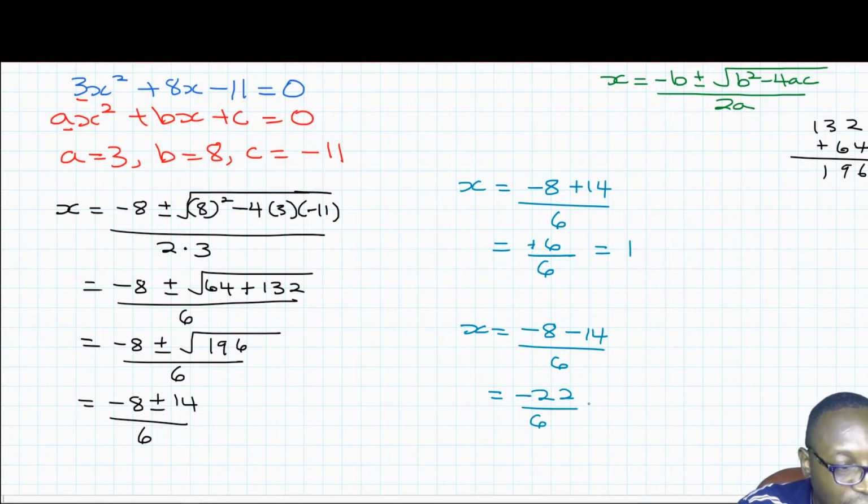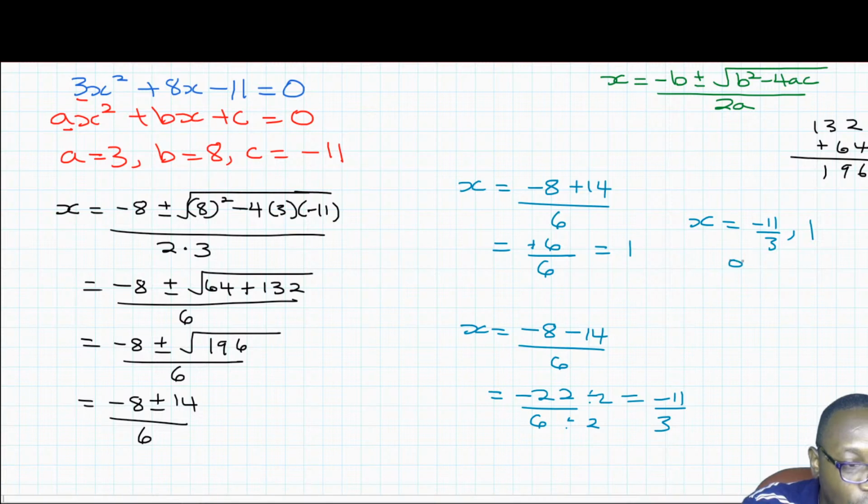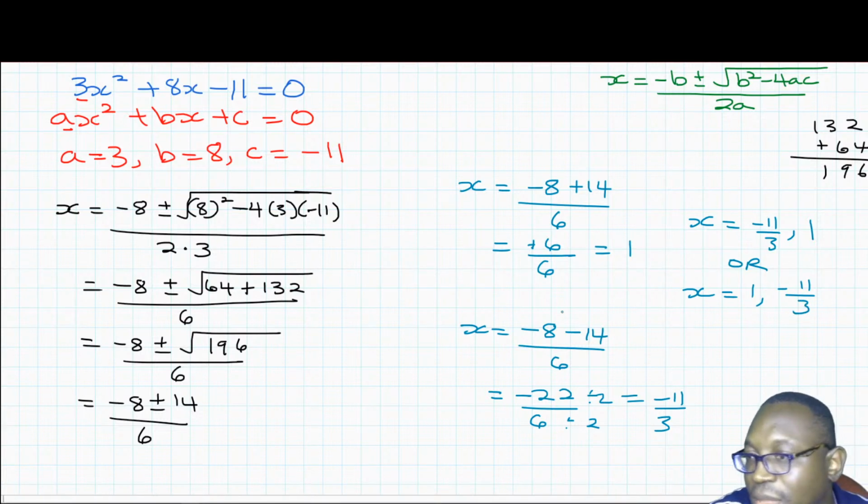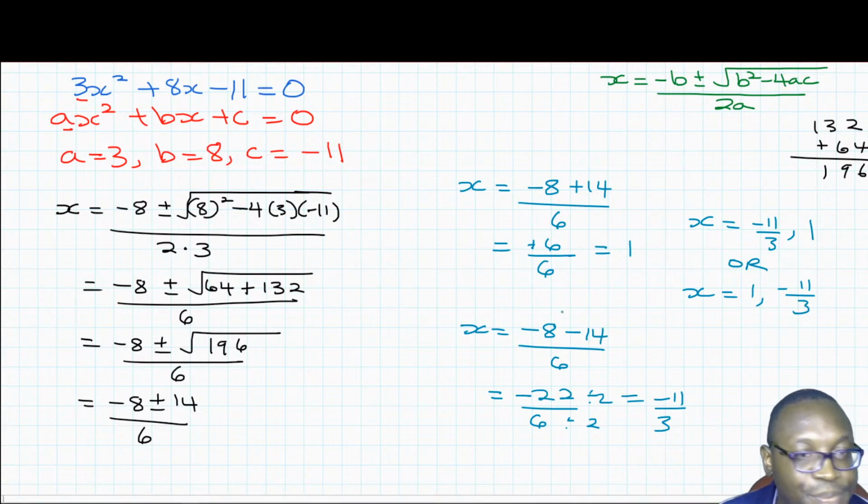And now we can simplify this, dividing both numerator and denominator by 2. We have negative 11 over 3. So therefore, we can simply say x equal to negative 11 over 3, we put a comma here and 1. Or x equal to 1, negative 11 over 3. They're both the same thing. Is this clearer now?